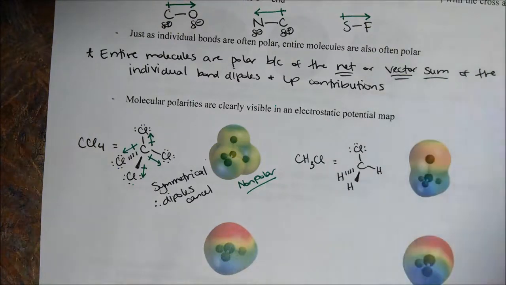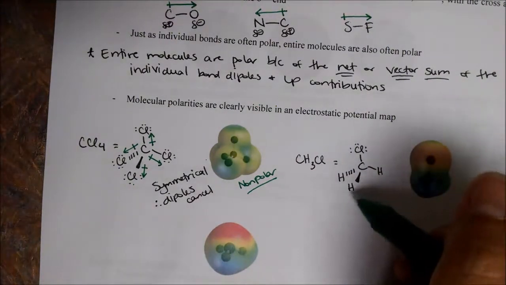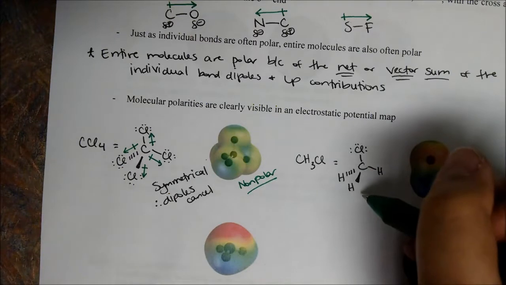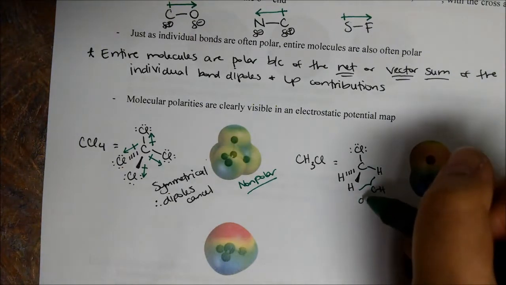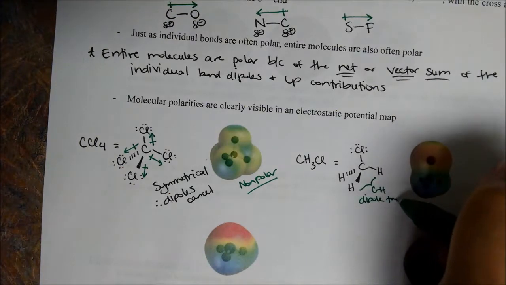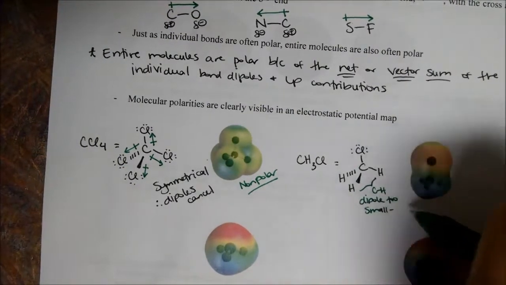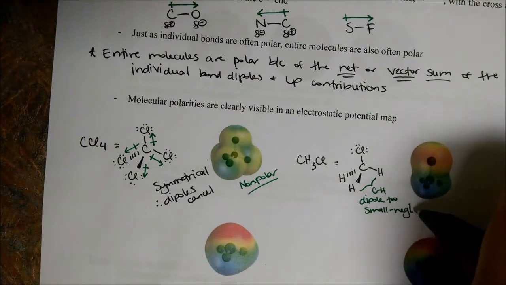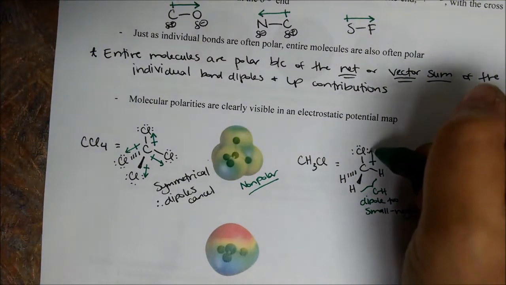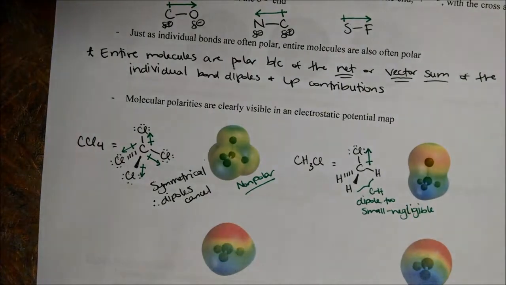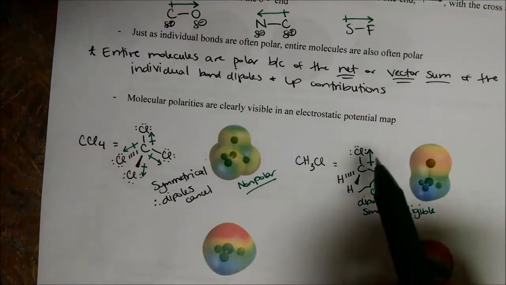Okay, and so now if we look at the individual bond dipoles, we don't usually draw the CH bond dipoles, and that's because they're just too small. It's pretty much negligible, so we rarely draw it. But the CCl bond dipole, it's got lone pairs up there, it's definitely pulling electron density towards the chlorine.